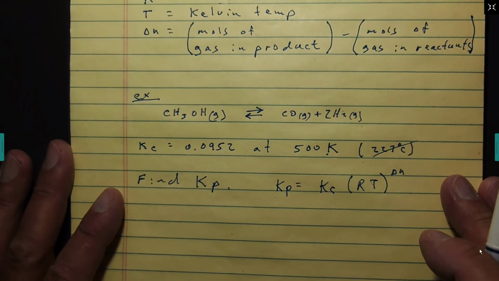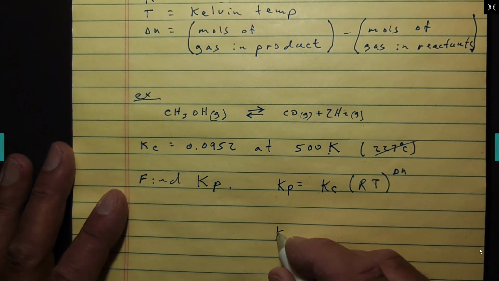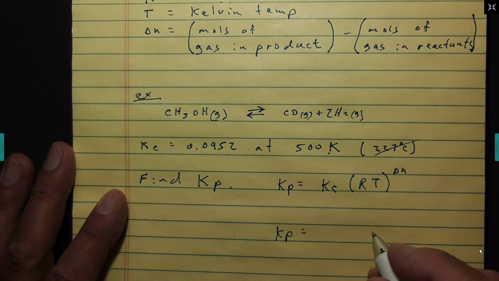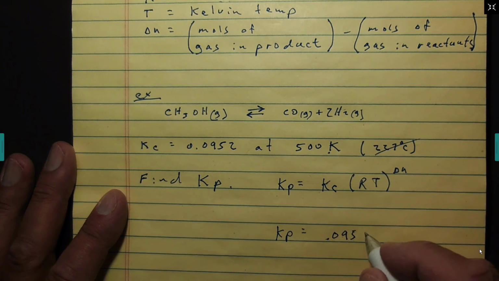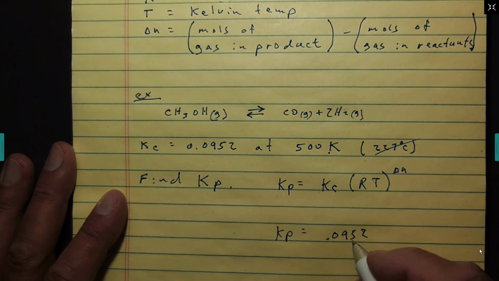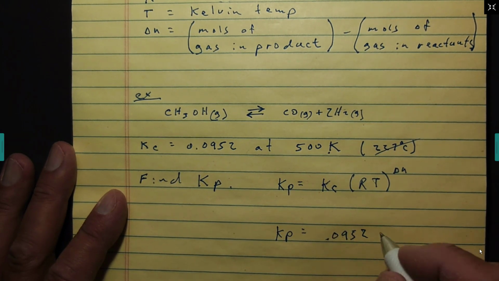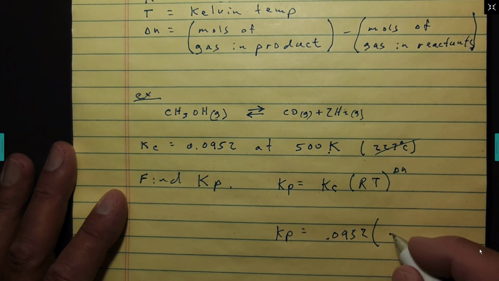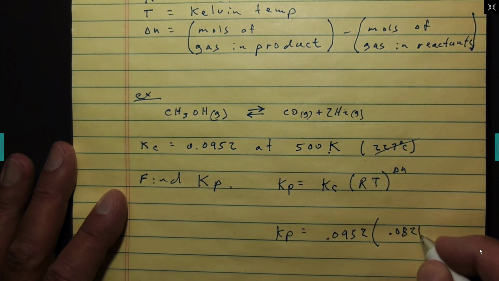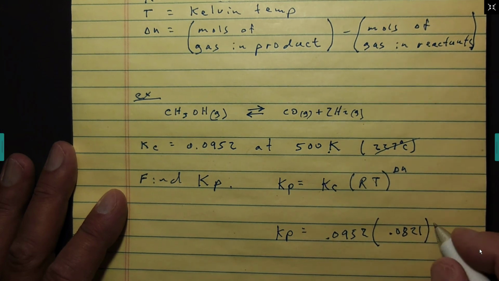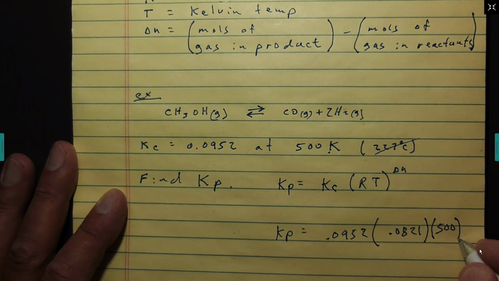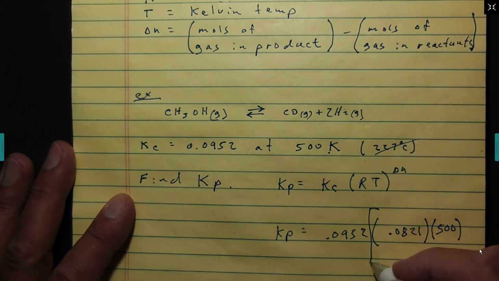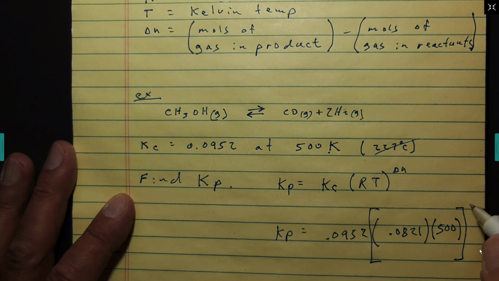So plugging all that stuff in here, Kp would be your 0.0952 times R, 0.0821, times the temperature, which we said was 500 K. All that raised to the second power.